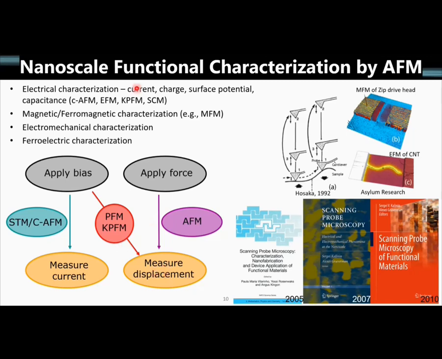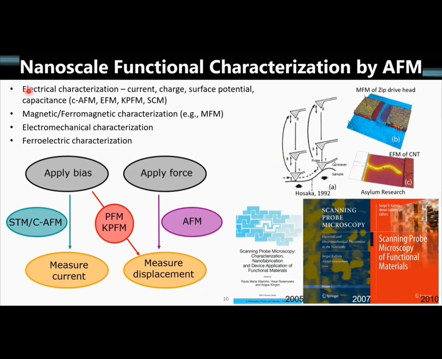So there's a wide range of techniques for measuring functional properties by AFM. We talked in that opening slide about doing local mechanical measurements. I'm not really talking about that today. I'm going to focus more on electrical characterization, but certainly magnetic characterization is possible as well. In this case, shown here as a lift mode technique, which is a common way of doing Kelvin probe force microscopy as well.